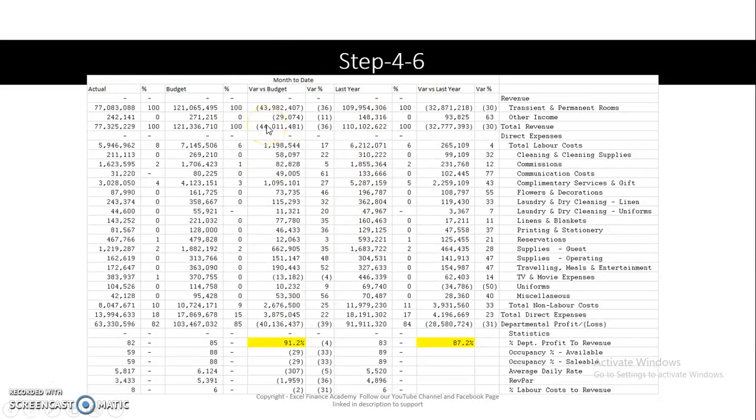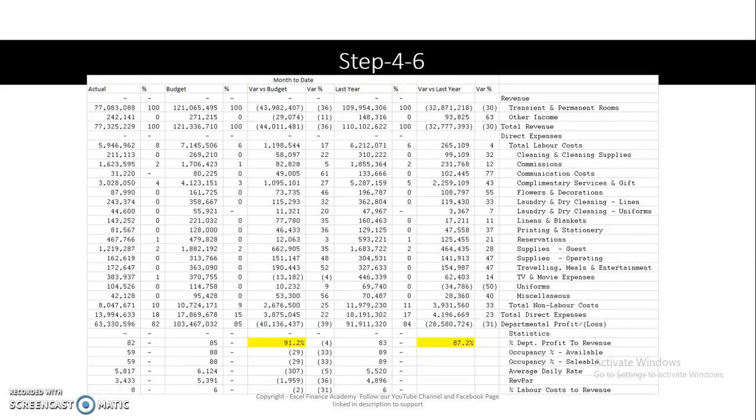So the very first thing is to identify which segments and which market sources are causing the business to be down. We look at a market segmentation report, which we discussed in another video, where we learned how to analyze each market segment, and then we drill down to the business source and the guest nationality, which we also learned in other videos, so that we know where the shortfall is and what we can do about it.